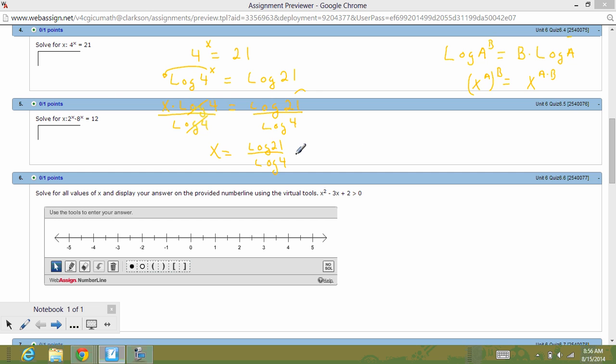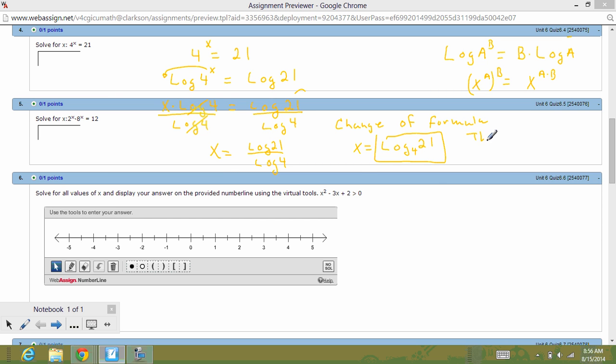Another way you could write that, of course, this is written as a base 10 situation. This would be equivalent by something called the change of base formula that you should have had in Algebra 2 to the expression log base 4 of 21. So that's another way to think of x. And what that means is 4 to some power is 21.